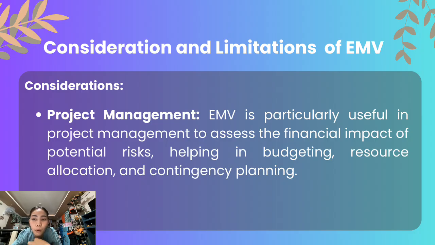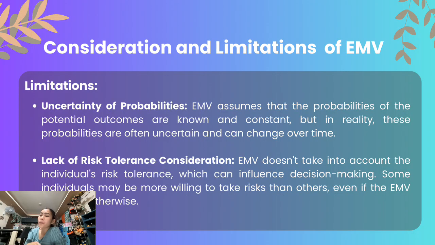So, if you add both, you will have a result of 35,000, which should be reserved as a contingency fund in your budget. But EMV has limitations.